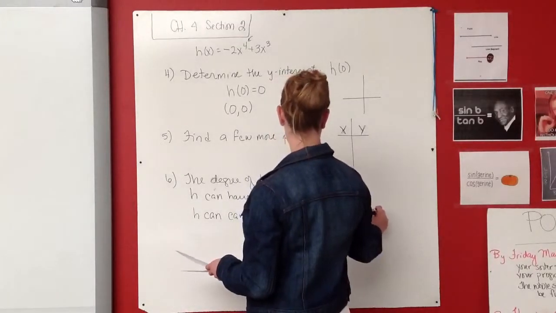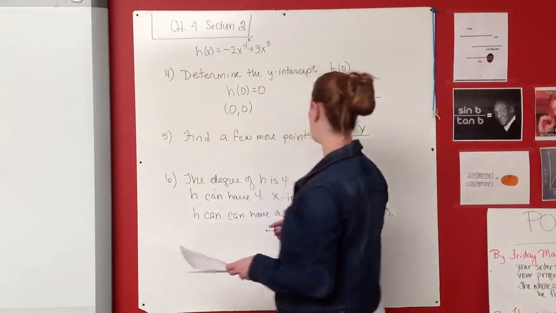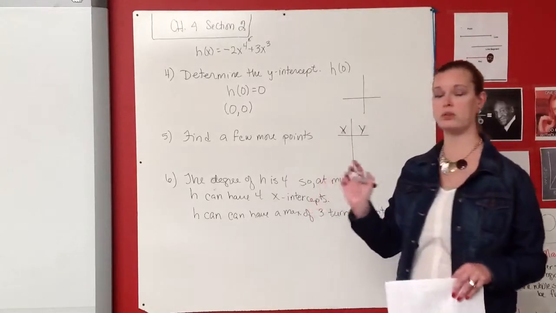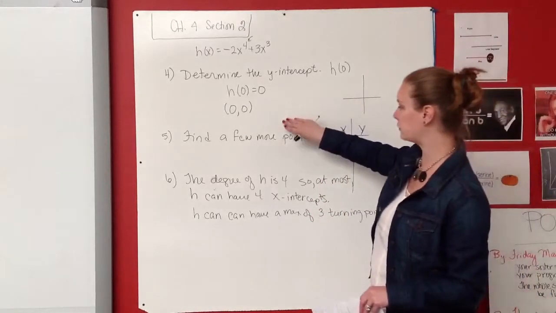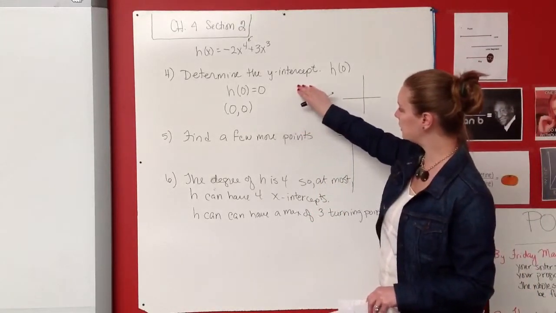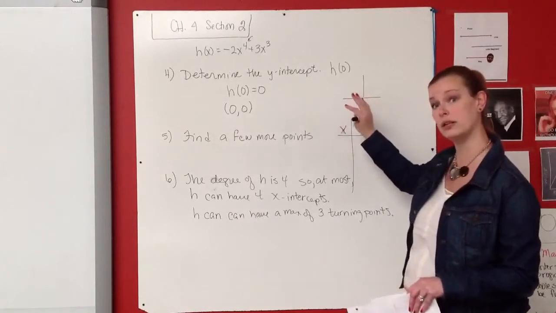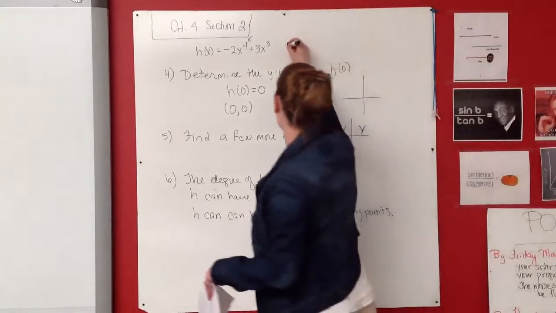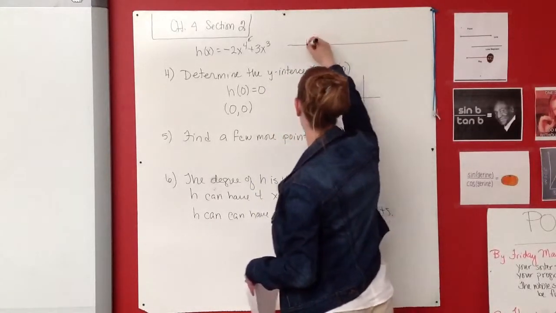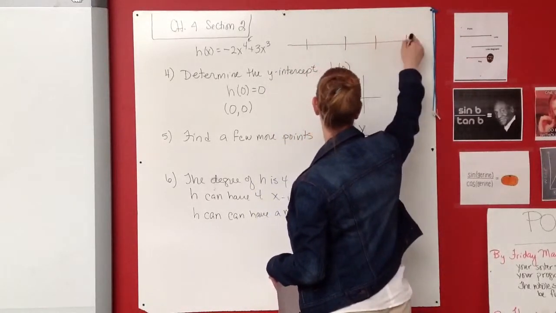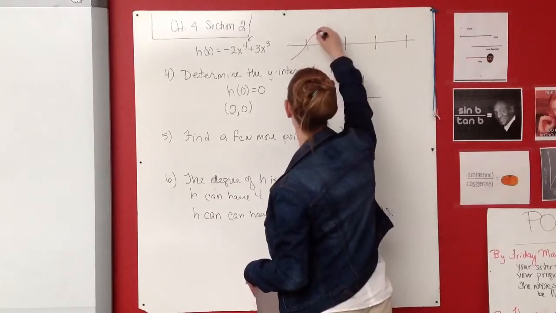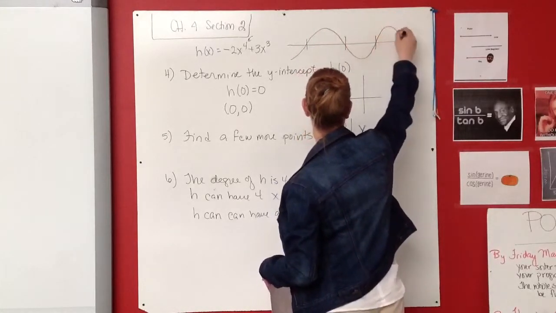And we said at some point, not too long ago, that when we're talking about turning points, you're talking about where the graph shifts from becoming an increasing to a decreasing function or from a decreasing function to an increasing function. And if you think about the x-axis, you have at most 4 intercepts. So if it's increasing, it could then decrease, then increase, then decrease.